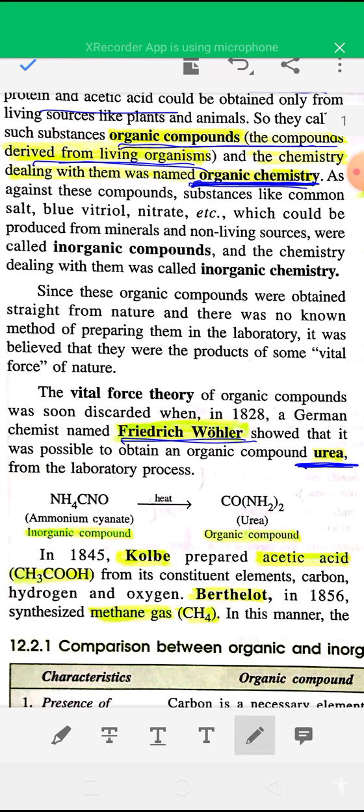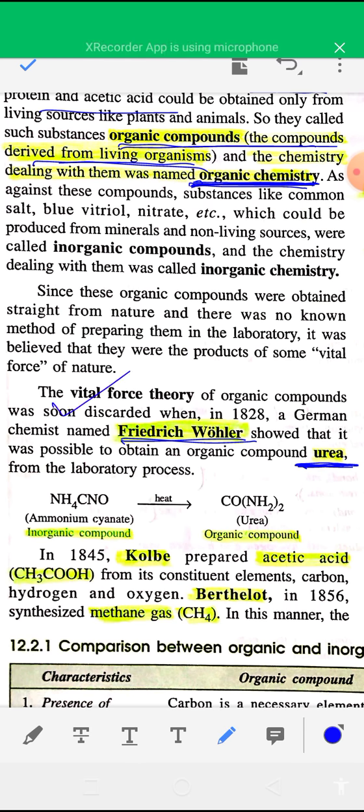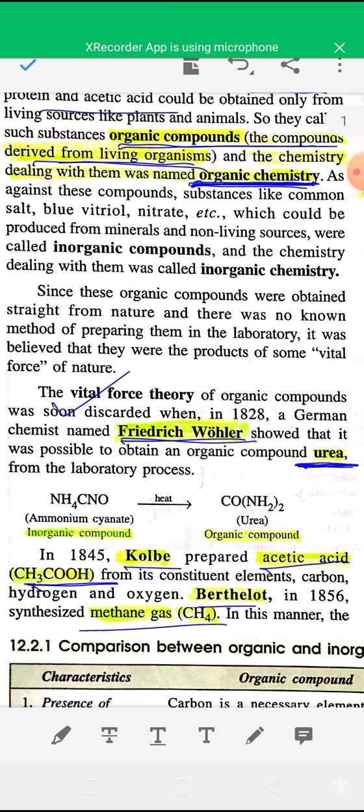This is the first laboratory-prepared organic compound. And Kolbe, in 1845, prepared acetic acid, which is also an organic compound. Berthelot synthesized methane gas in 1856. So these are some examples of laboratory-prepared organic compounds.